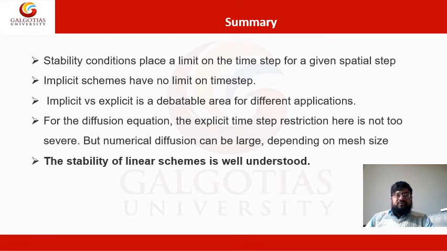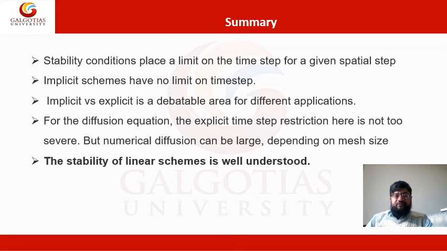Explicit schemes are very easy to code. They are straightforward because they are based on the time marching strategy, and we can calculate our solutions over a period of time by incrementing the time step. It is still a debatable area which strategy is better, implicit or explicit.